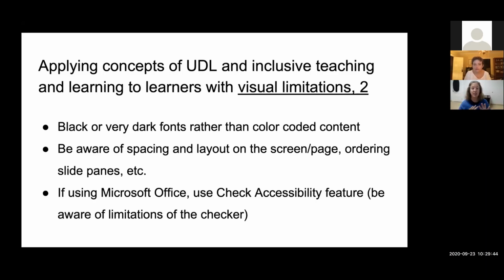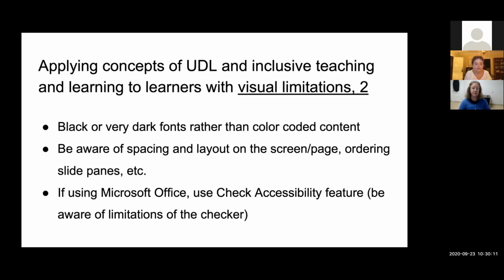That shows that the purple one is always this person that I'm citing, the green is always that person, and the red is always this. But for someone who's colorblind or has visual limitations, there may be no color there. And so your color coding, which means something, doesn't mean anything to the reader. And so having black or very dark fonts is a much better practice.